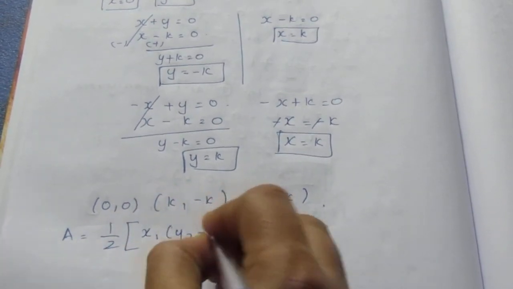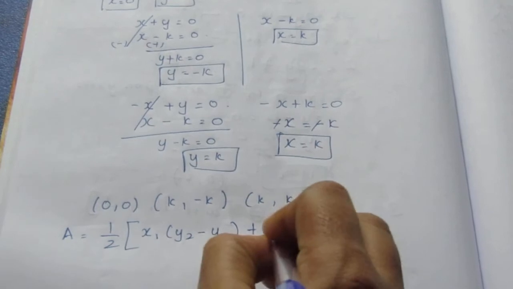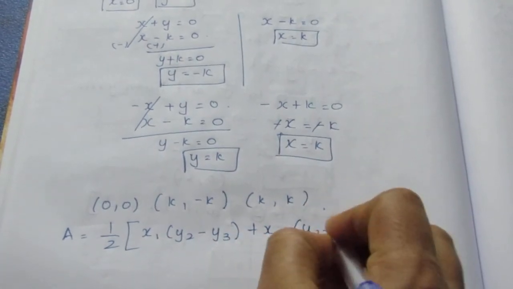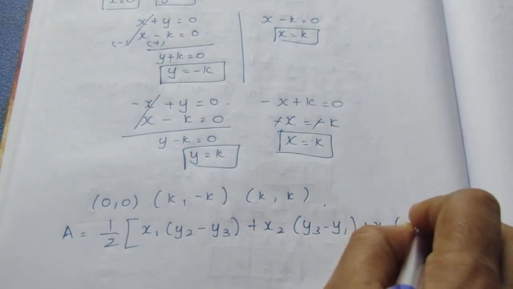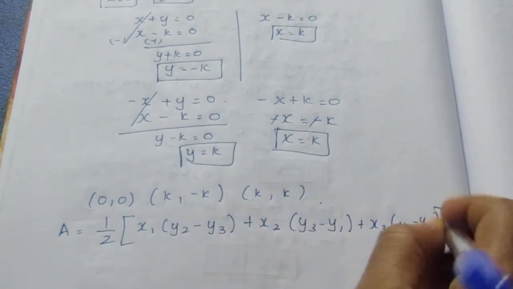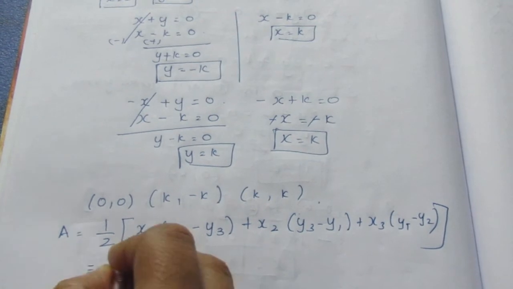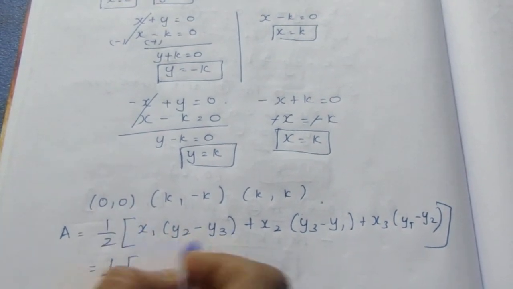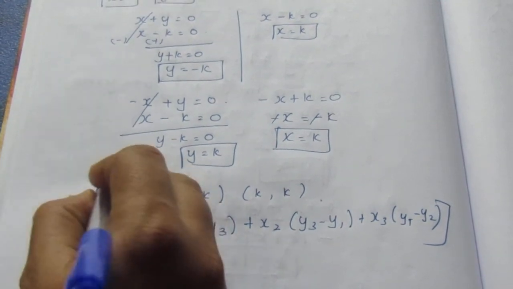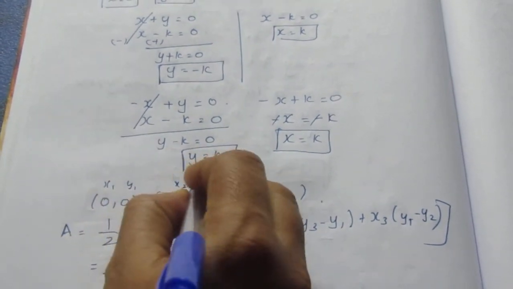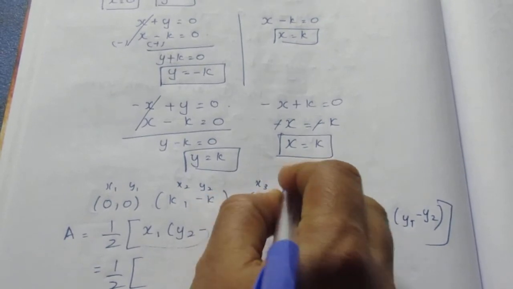x1 (y2 minus y3) plus x2 (y3 minus y1) plus x3 (y1 minus y2). Now half into, as x1 is 0, this multiplication will become 0, so leave it off. This is x1, y1, this is x2, y2, this is x3, y3.